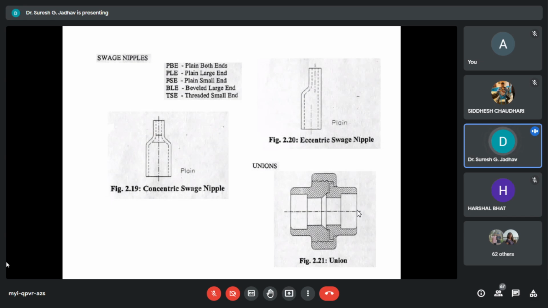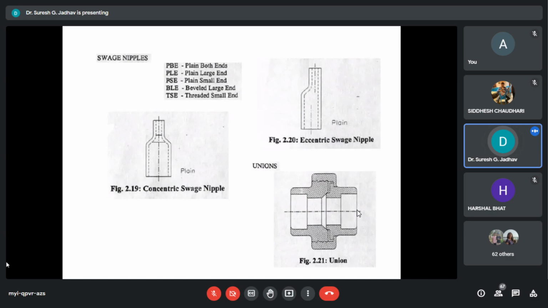Now, next component is union. Unions are used in low pressure piping, where dismantling or disassembling the pipe is required more often. Frequently, we need to disassemble the piping systems.